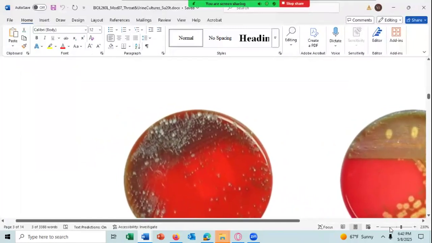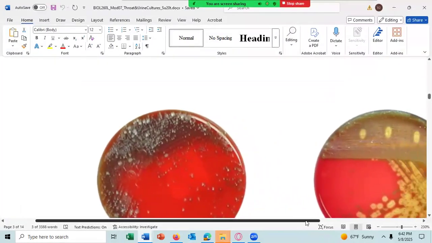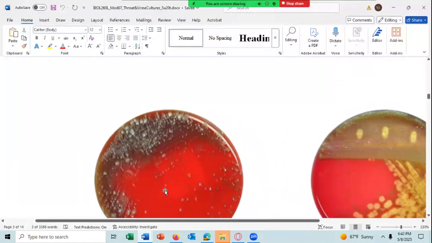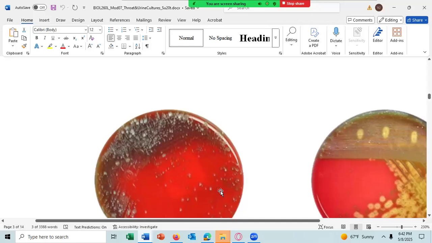So right here, we have a normal throat culture where if you look at the agar up until the colony, it's completely red. So there's no hemolysis. Right there, we have a little bit of alpha hemolysis.